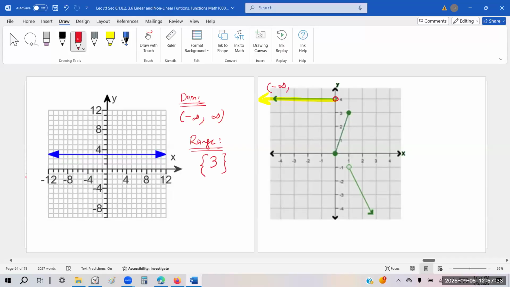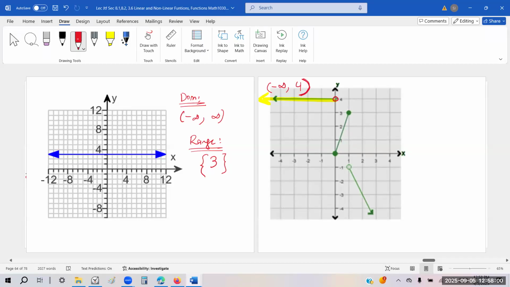If it was extended 1 unit to the right, then it would have been 4. But since it stopped there because there is a hole, it cannot pass the hole. So it's a parenthesis. It goes up to 4, but it doesn't use 4.